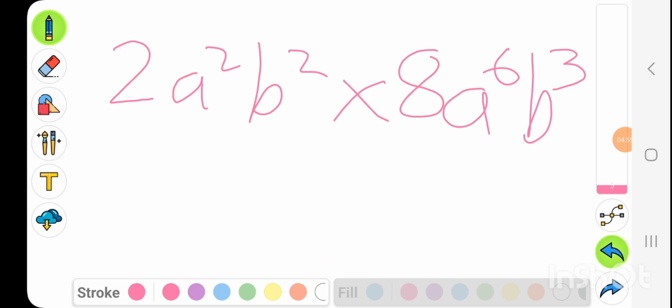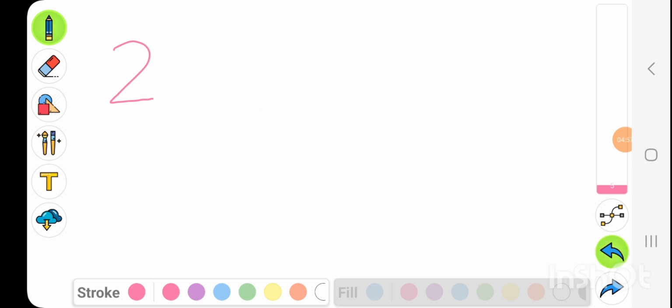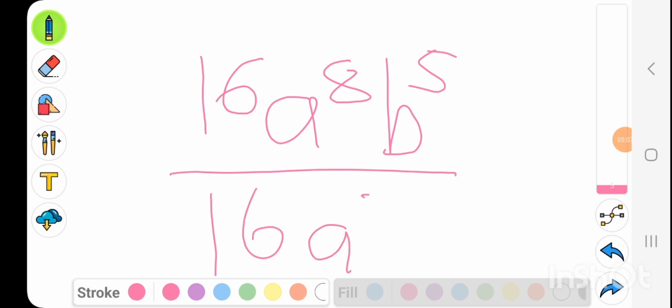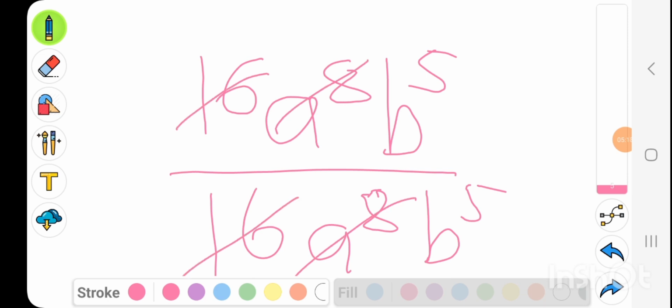Wow, actually, this looks really similar. So let's write it all again in a fraction: 16 a to the power of 8 b to the power of 5 over 16 a to the power of 8 b to the power of 5. Guys, these are the same terms. 16 cancels, a to the power of 8 cancels, b to the power of 5 cancels, which equals 1.